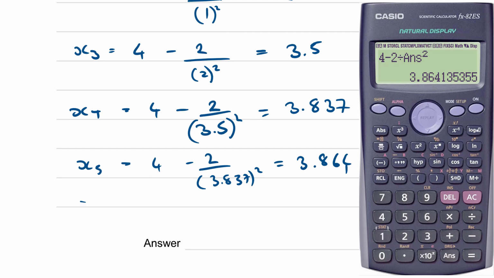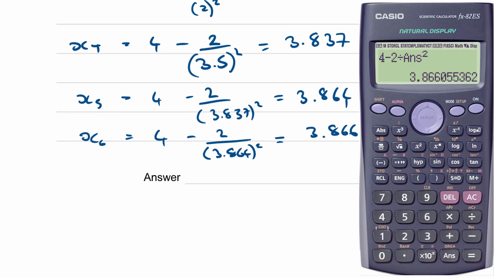So x6 is going to be 4 minus 2 lots of 3.864 all squared, and that is equal to 3.866. So that's going to round up, isn't it? If I round off to 2 decimal places, that's going to be 3.87. So it's still not quite settled down. Let's just do another one.